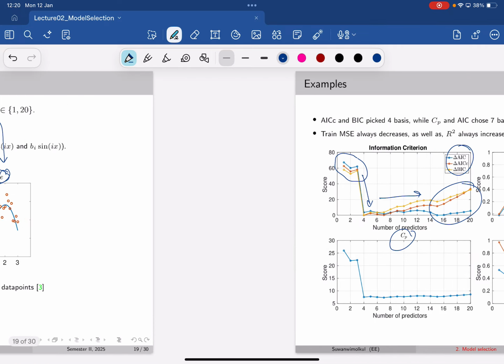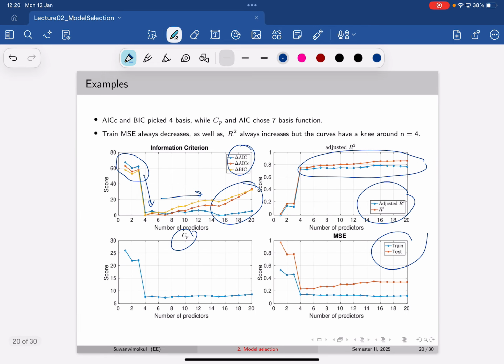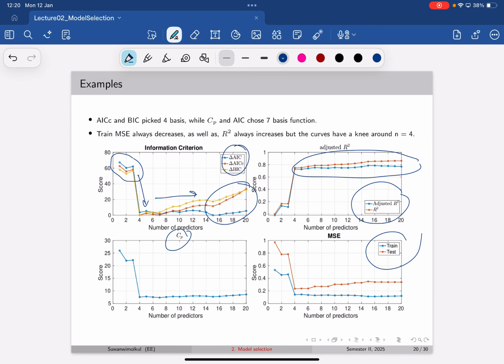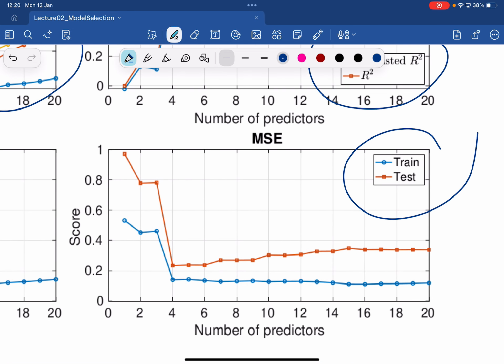Lastly, there was Mallows' Cp, which is another score. But don't worry, these are just examples of scoring systems that you could use. The last one is your MSE. As I mentioned before, MSE only contains the loss due to fitness. There's no complexity whatsoever.